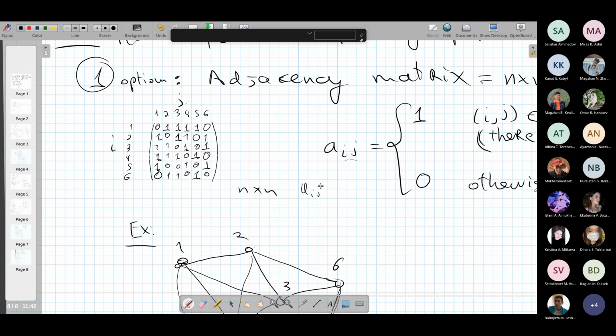So A_ij equals A_ji. That means that in undirected graphs, the adjacency matrix, матрица смежности, is symmetric.